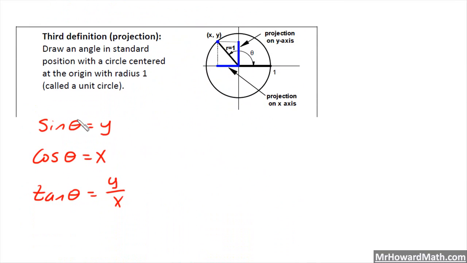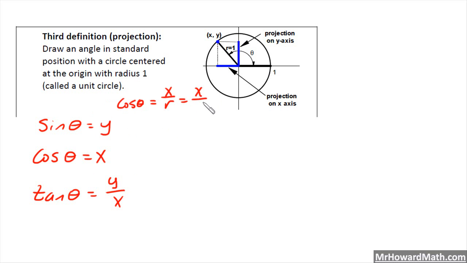So if you think back to that original definition, for sine theta it was y over r. Well, in this case, r is 1, so it's y over 1, or just y. So that's why in this definition, because the radius is 1, sine theta is equal to y. Cosine theta is equal to x. Think back to that original definition: cosine theta was equal to x over r.